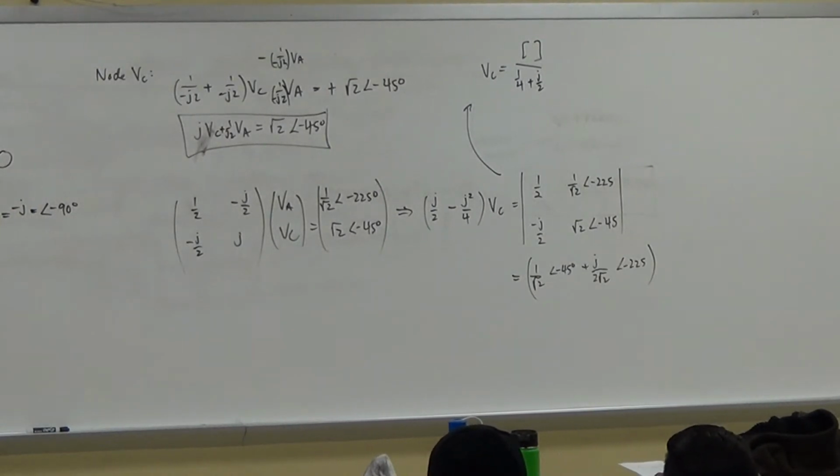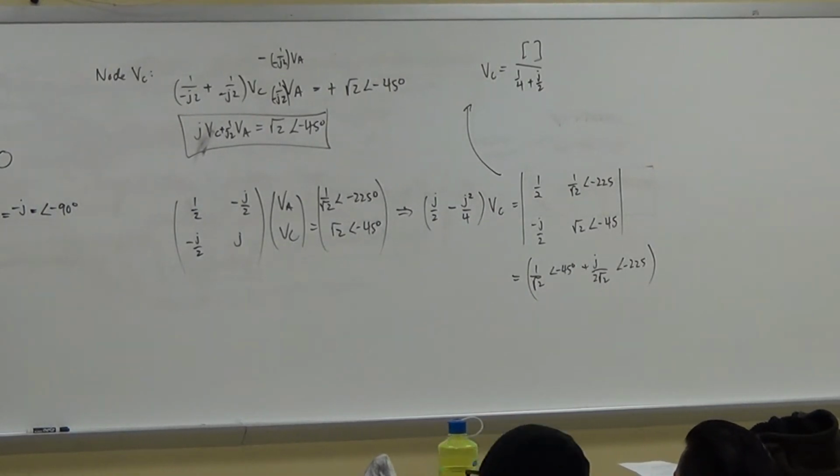But look at that. This 2 is the square root of 2 times the square root of 2. So one of the square roots cancels out with that and I get that. Why did you do that? So I don't carry extra terms.